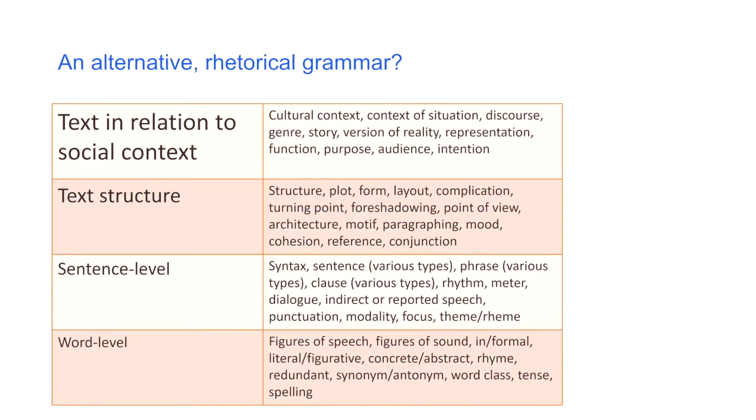And of course, text in relation to social context, cultural context, the context of situation, discourse, genre, story, audience, intention, purpose, the function of text. These can also be seen within a broader alternative rhetorical structure of grammar.